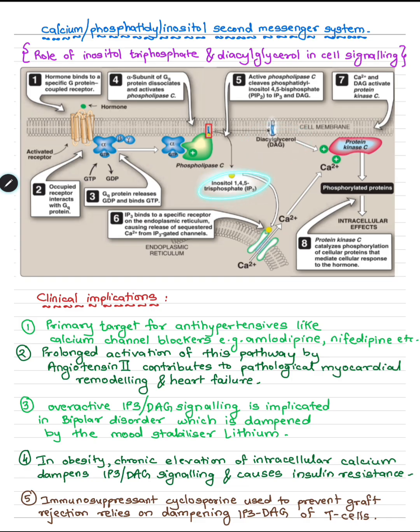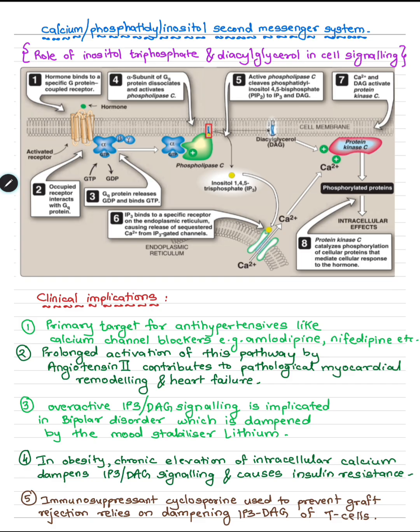Inositol triphosphate binds to a receptor on the smooth endoplasmic reticulum and causes release of calcium from it, and this calcium and diacylglycerol together activate protein kinase C, which phosphorylates the proteins required for intracellular effects.